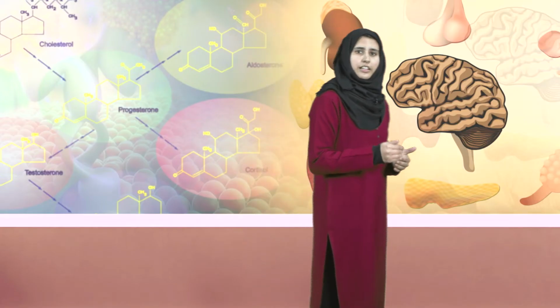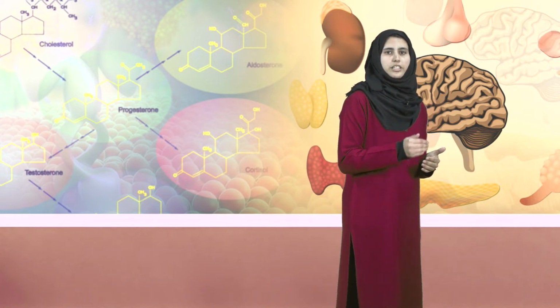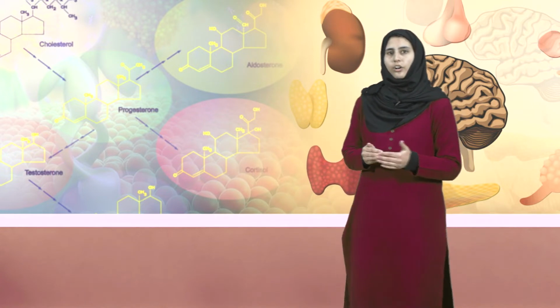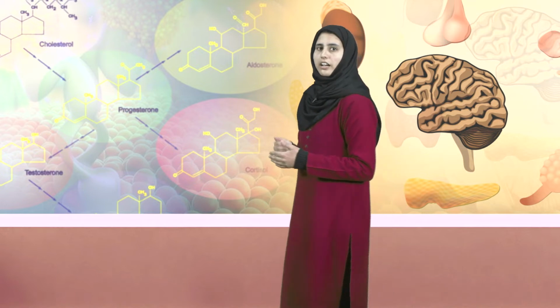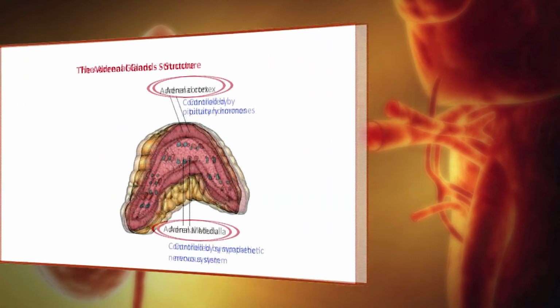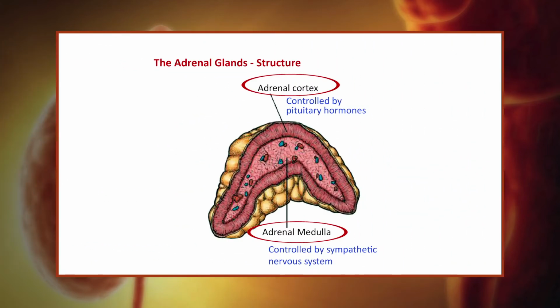Histologically, the adrenal gland consists of two distinct regions, namely the adrenal cortex and the adrenal medulla. The adrenal cortex is located peripherally and comprises 80 to 90% of the gland, while the adrenal medulla is small and is located centrally.